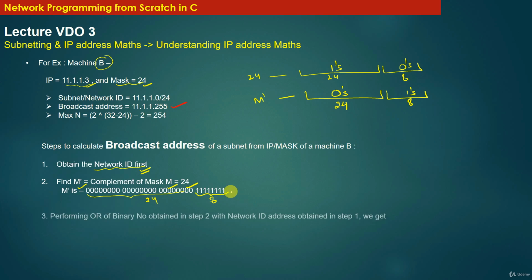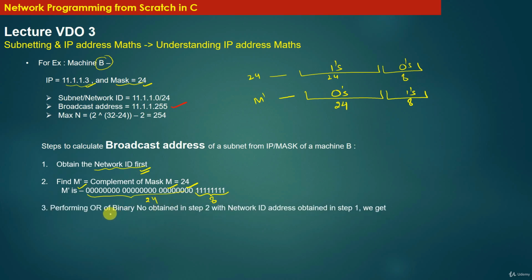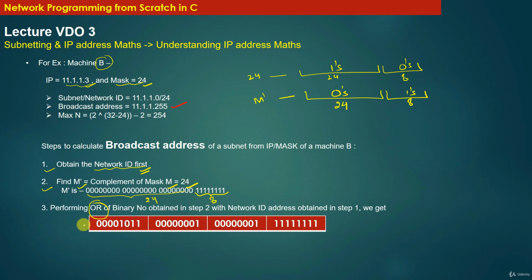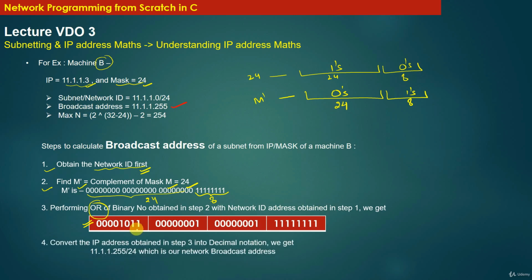Now finally in step 3, perform the logical OR operation between the binary results that you have obtained in step 1 and step 2. So you obtain the following as the final result. Now finally convert each octet of this result, which you have obtained in step 3, into its decimal equivalent.